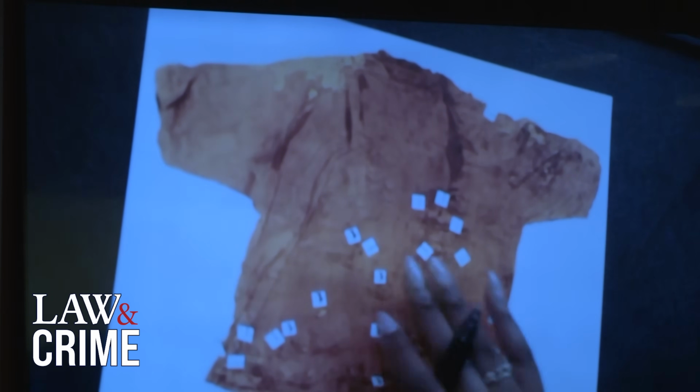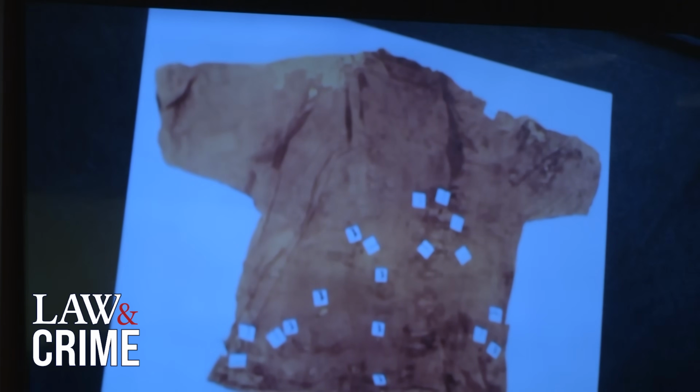And this is exhibit number 22. And Dr. Stanberry, if you could just give me some clarification here. Are these white squares showing where there are holes in the clothing? Correct. Okay. Are there arrows on those white squares? They are. Okay. All right. And about how many holes in the clothing did you calculate?